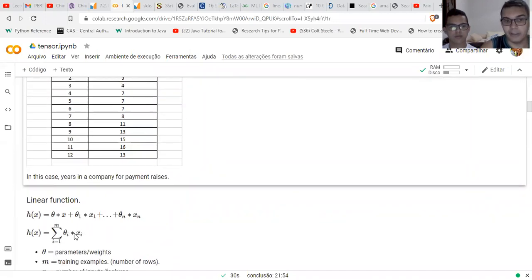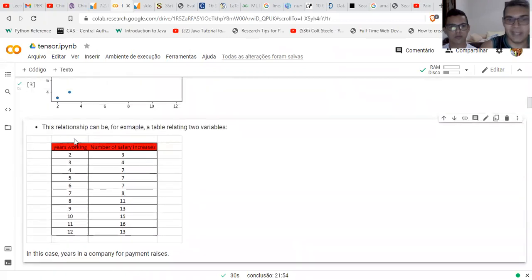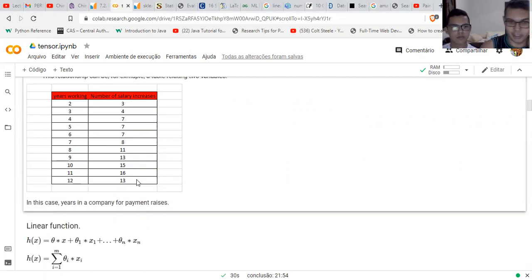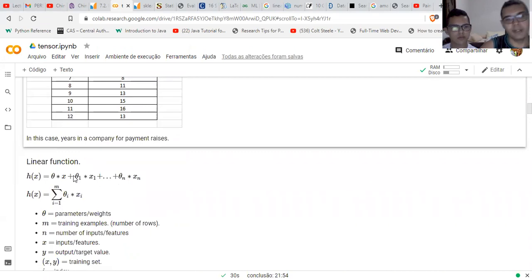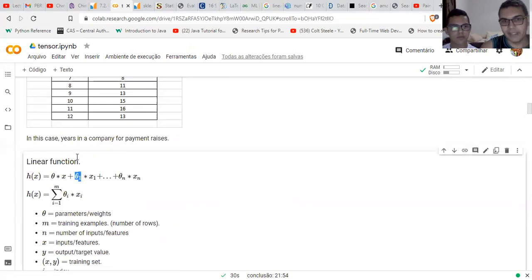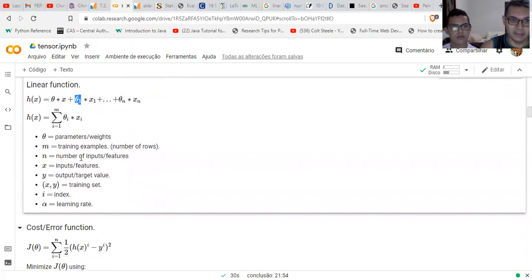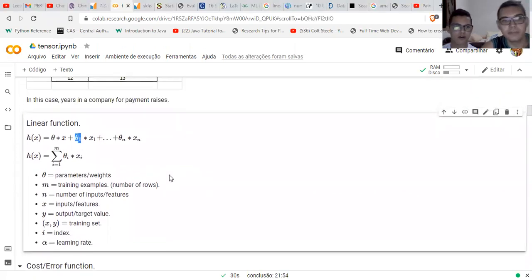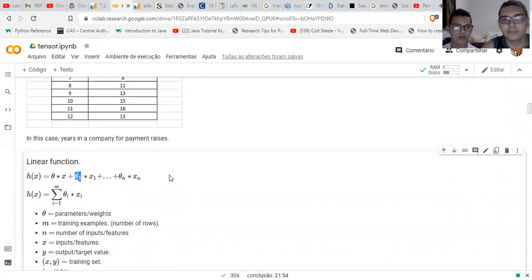You want to find all those thetas because you already have the x's here in the first column, and the y's here in the second column. So you want to find the theta that best fits this data set. And you apply this same function for all your rows, because each of them is a pair.